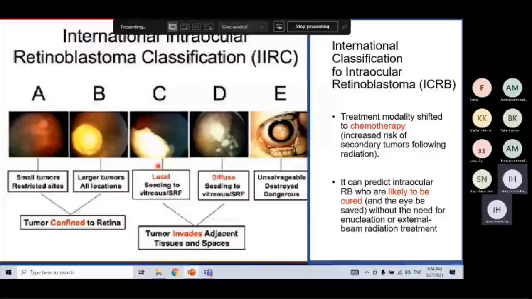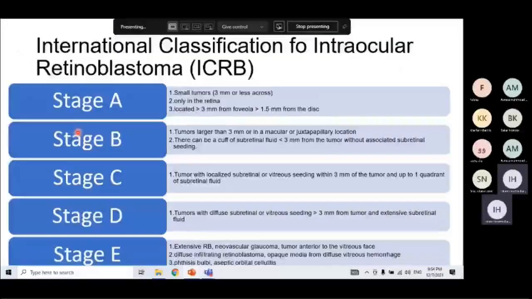C and D, it's invading the adjacent spaces. E means unsalvageable globe, so it's a very extensive globe that you will need to enucleate. But for those stages, it's still possible to treat it completely and cure the patient completely. Okay? So it goes from stage A.